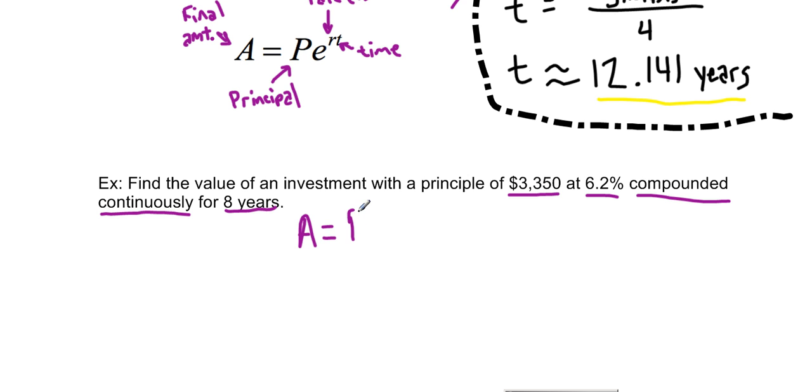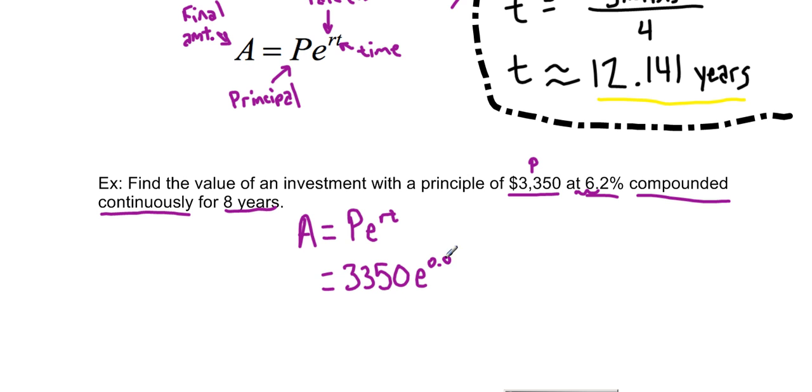We've got A equals capital P times e to the RT. Let's plug in what we know. We're directly told our principal, so let's plug that in for P.